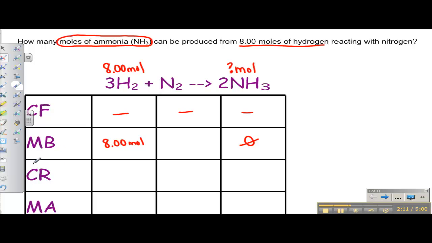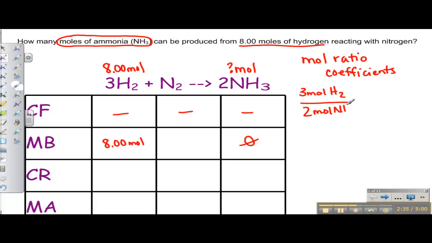Alright, now the change during reaction comes from our mole ratios, or the mole bridge. So the mole ratio is going to come from your coefficients in your balanced equation. So 3 moles of H2 are going to produce 2 moles of ammonia.